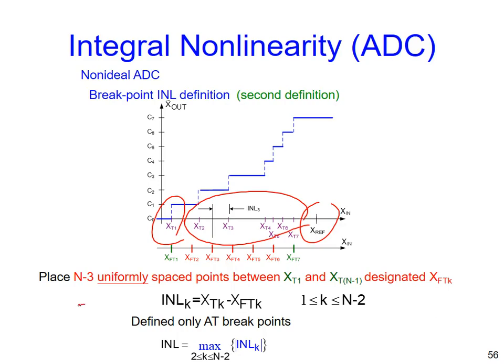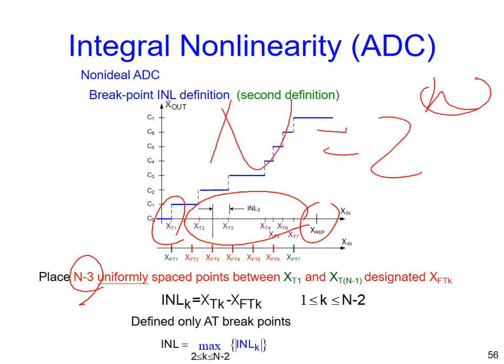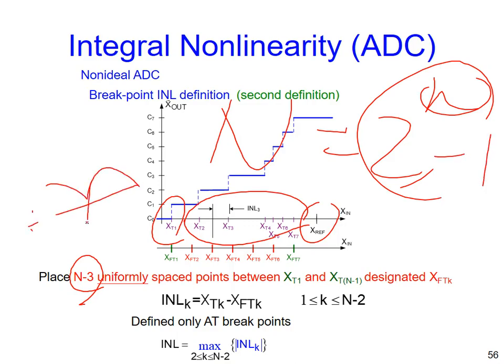Because we have N bits, it means 2 to the N power segments. So how many breakpoints do you need? Minus 1, right? If you have 2 segments, you need only 1 breakpoint to cut 1 into 2. To cut 1 into 3, you need 2.